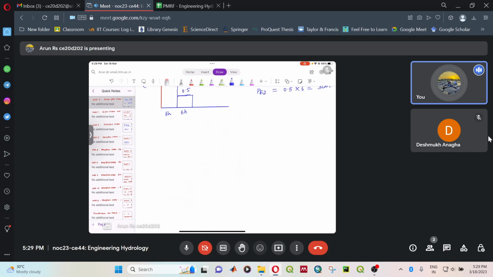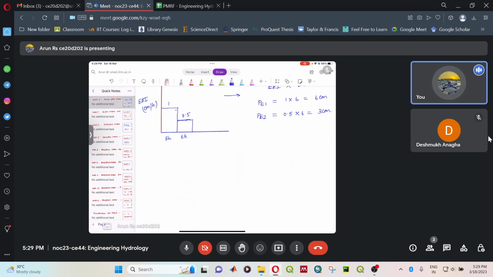Now we need to find the DRH for this complex storm event. So we have two precipitation events that are happening, and it has produced two different types of rainfall excess. Now we'll see how to approach this kind of problem. So again I'm writing the time ordinates.